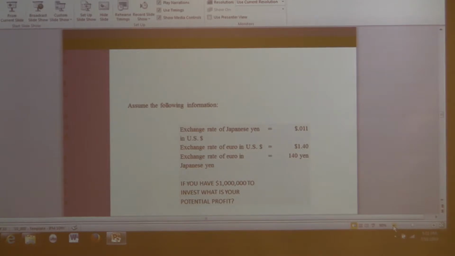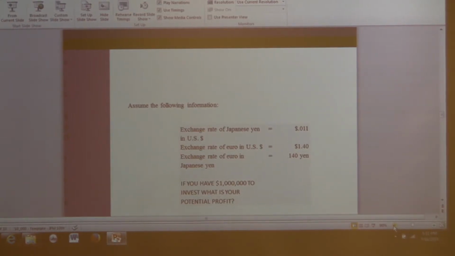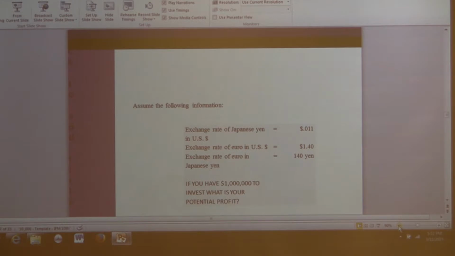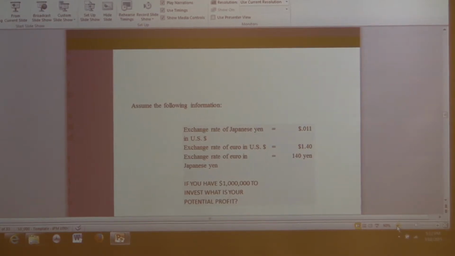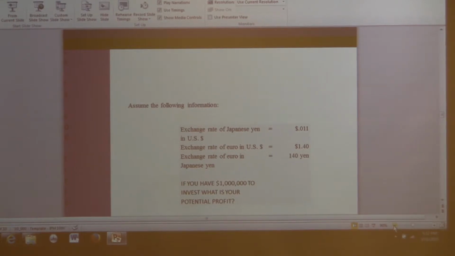So when you compare the euro to the yen, that's 140. And when you look at the right-hand side, what do we have here? The euro to the US dollar is 1.4, and the US dollar to the Japanese yen is 0.01. Yeah?